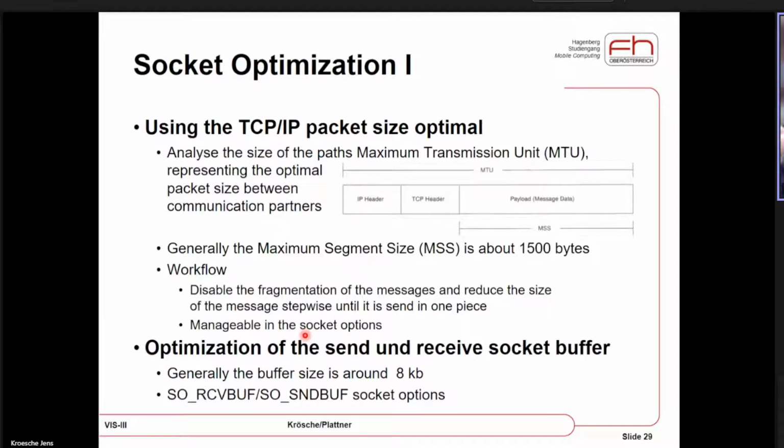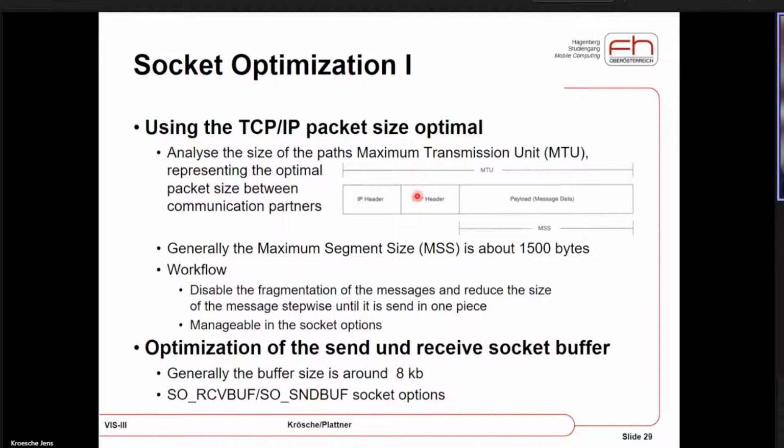Something that you can use when you have large chunks of data to communicate between client and server: you can try to optimize the splitting up of the huge data into tiny chunks, because when you split up the data, you have to decide how big the chunks should be. In an optimal situation, the chunks should be the maximum segment size message, so the maximum that goes through a socket communication in one step.